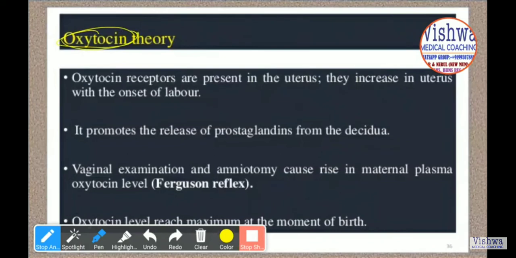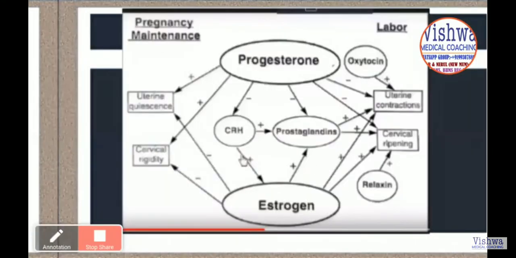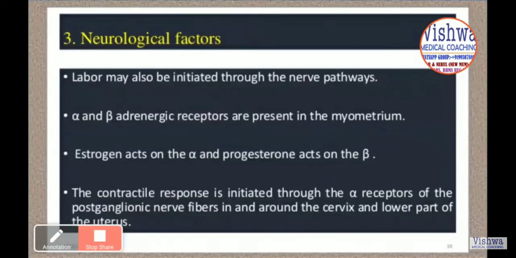Remember, these are all theories. Prostaglandin initiates the oxytocin release, and all of us know oxytocin increases the force of contraction of the uterus.